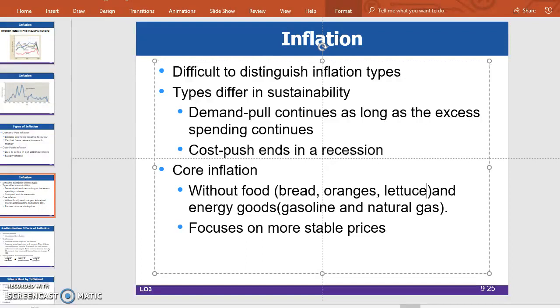They will remove food and energy goods from the basket, and then measure inflation, to take a true picture of the inflation in the economy. So core inflation focuses on goods that have more stable prices, by withdrawing the goods that have unstable prices.